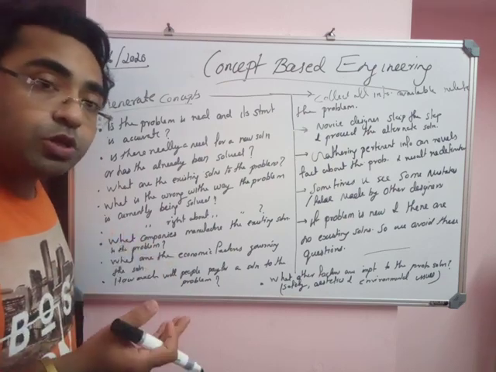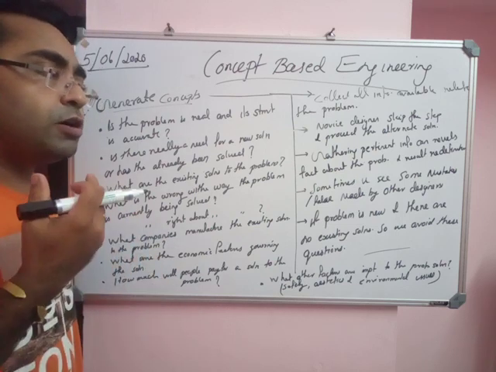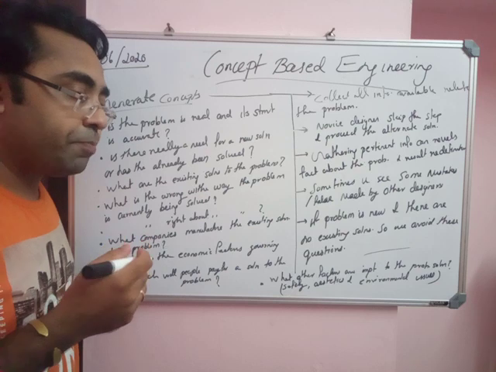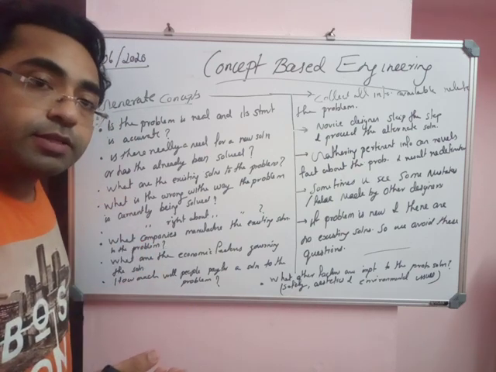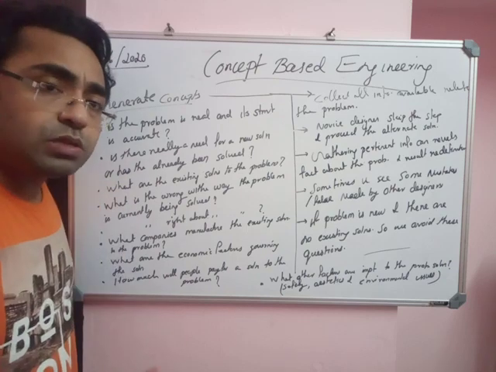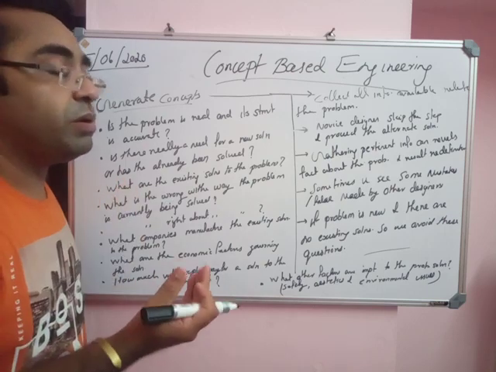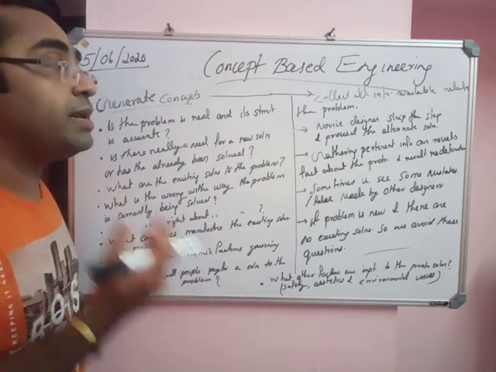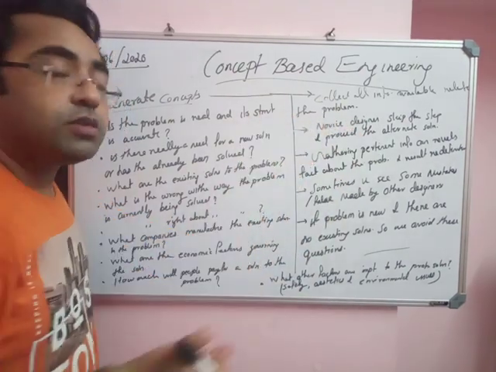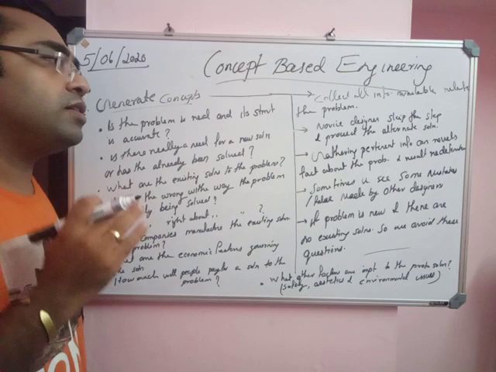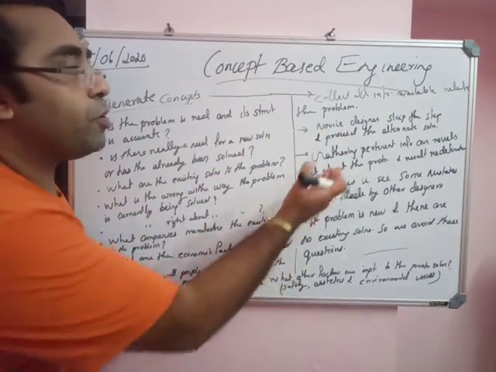The problem is to make a particular heater, so what data is available, what will the cost be, does an existing heater exist or not? A lot of questions are asked, so we collect all the relevant data related to that problem.